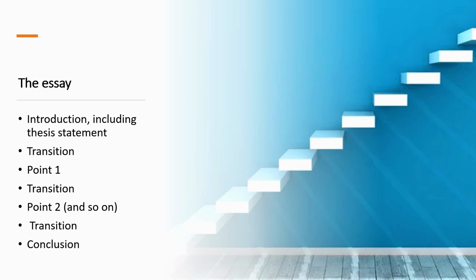And then you make your point, maybe another transition, and you make another point. This is a fairly short paper, no more than 500 or 600 words, so you don't need more than 2 or 3 main points, and then you get down to your conclusion, which is in some ways a summary.